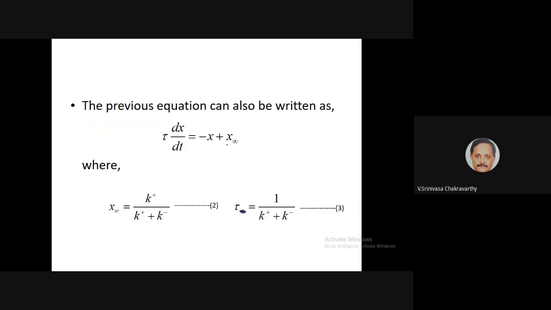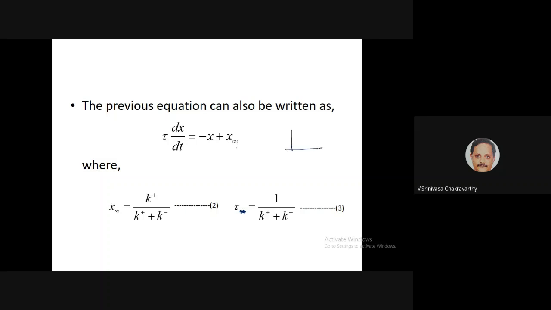The reason we are calling it x infinity is that this is a value to which x tends in its steady state, after infinite time, after a long time. The approach is exponential.